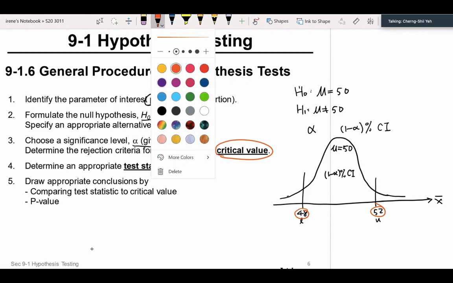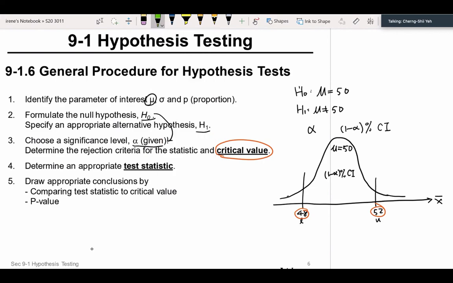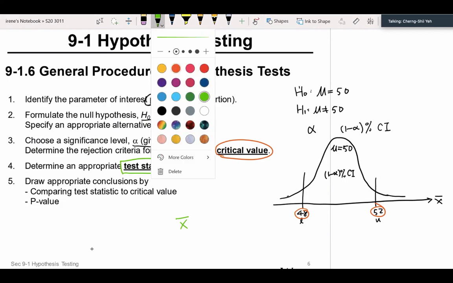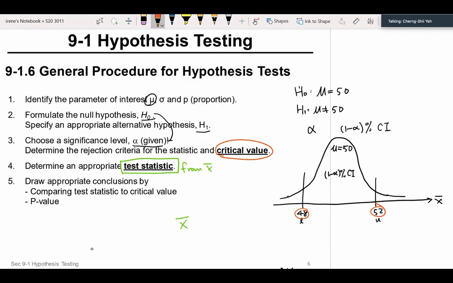Next, we are going to collect our sample. We're going to collect data and calculate my sample average X bar. My sample X bar is my test statistic. This is the actual information coming from actual data. While the critical value is determined based on my choice of alpha.